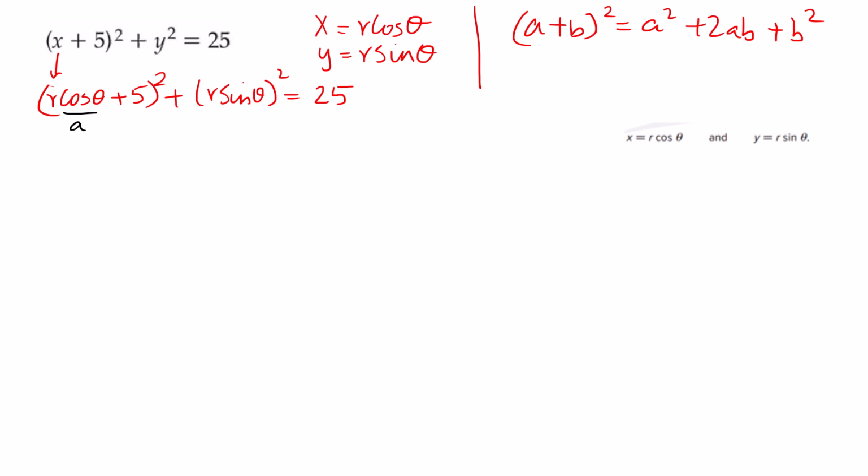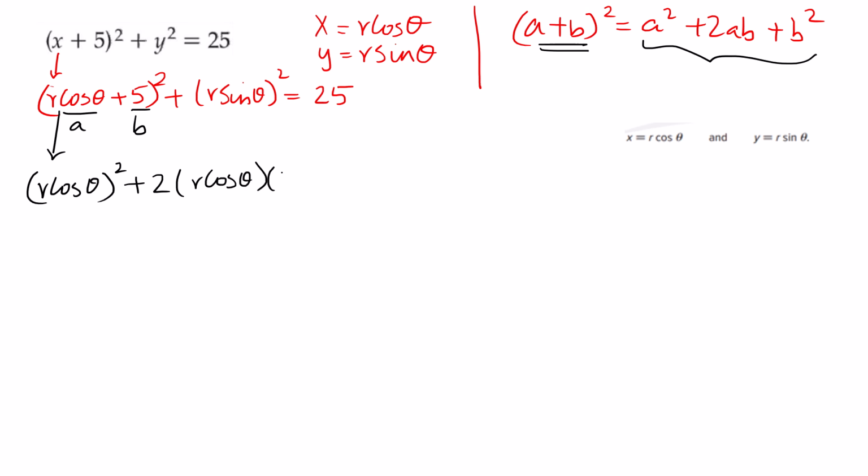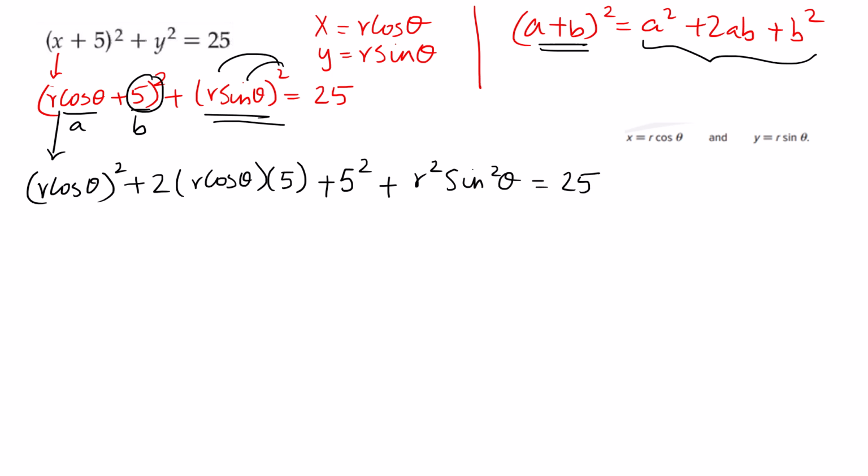If this is my first term, this is my second term, then this identity is going to expand in this manner. So the first term, r cos theta square, plus 2 times the product of the two terms, I multiply, and then for the second term I take the square and I open this r sin theta, so this power 2 distributes, so it's like r square sine square theta. There's 25 on the right, which is unchanged.